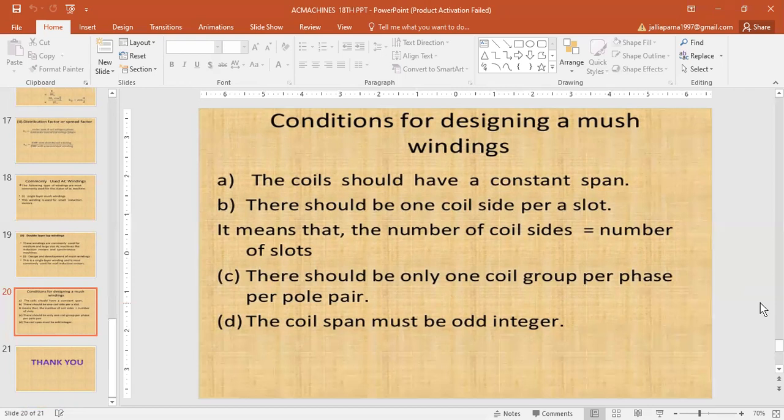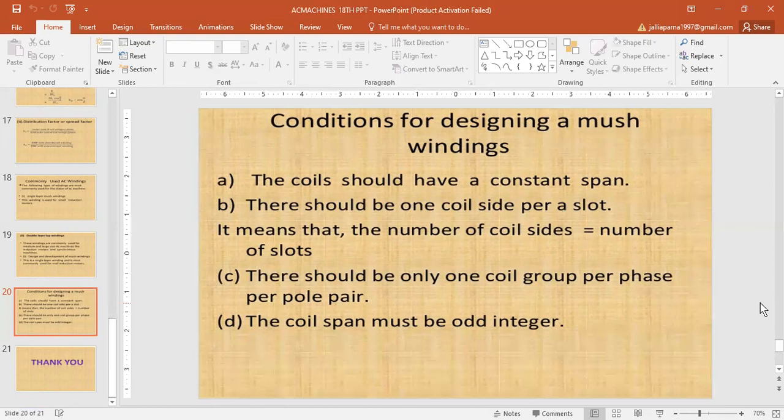Mostly short pitched coils are used, hence the resultant EMF induced in the coil is reduced, and is given by multiplying the pitch factor with the resultant EMF in the coil when it is full pitched. Distribution factor, or breadth or spread factor, Kd is defined as the ratio of resultant EMF when the coils are distributed to the resultant EMF when coils are concentrated.